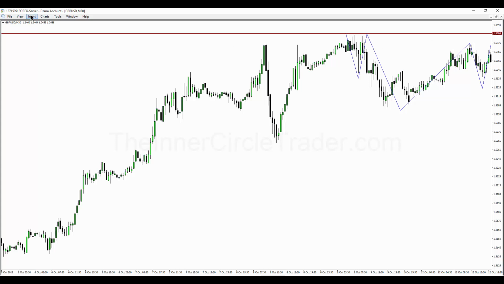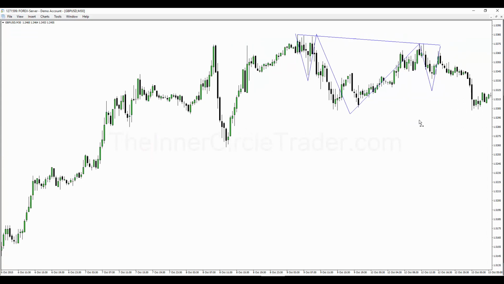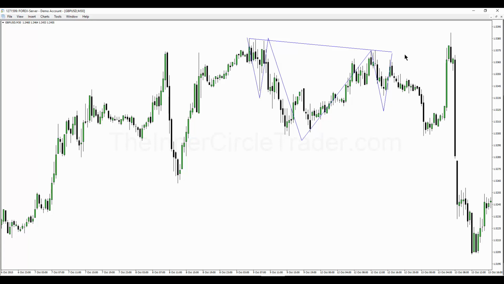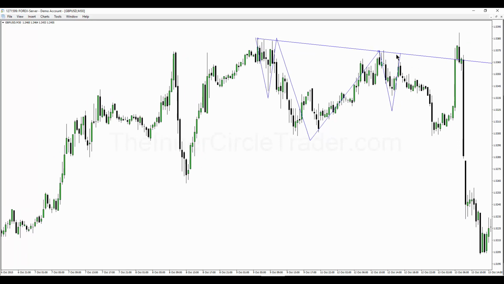And we're going to draw what would be considered the inverted head and shoulders neckline, connecting these two levels here. And the difference would be from the low up to this neckline. Once we break above it, price trades above it here. Neckline's broken.